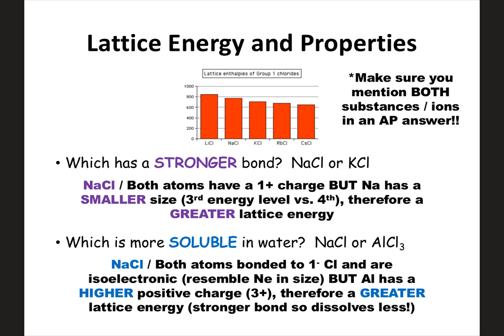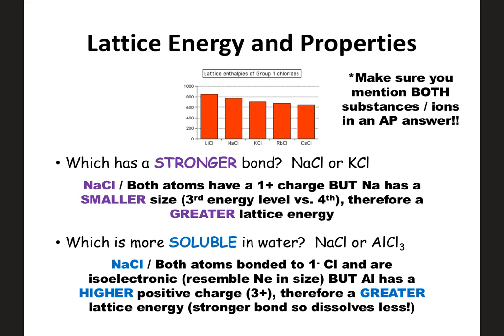And then the second question, the one that's more soluble in water, is going to be the sodium chloride. Again, you can see here, I mentioned that both are bonded to Cl 1 minus, and both cations basically have the exact same size. Na plus and Al3 plus are going to resemble neon in terms of their size. They're isoelectronic here.